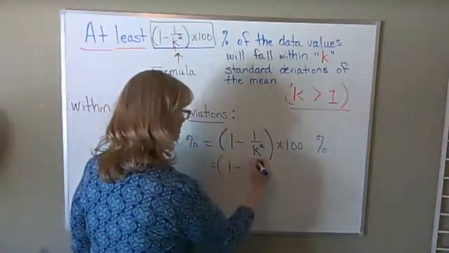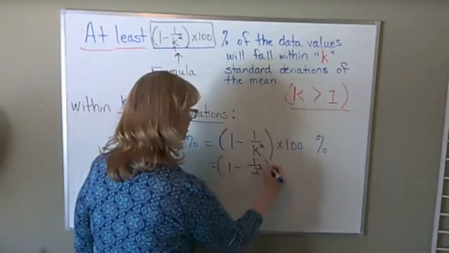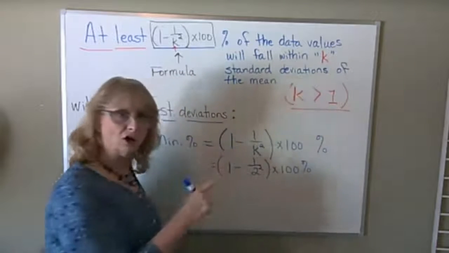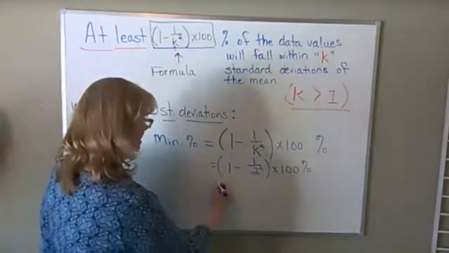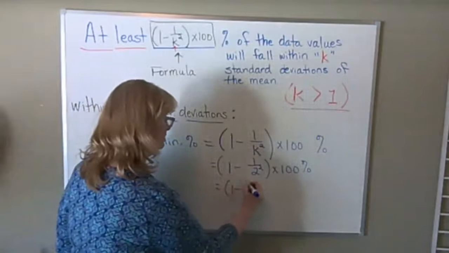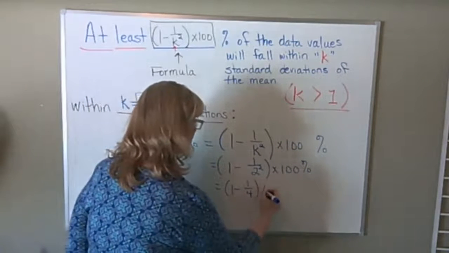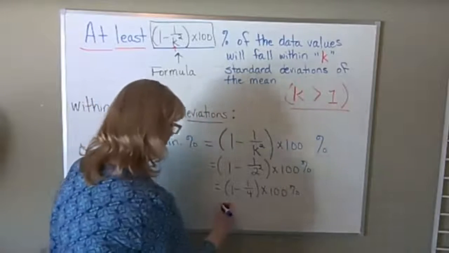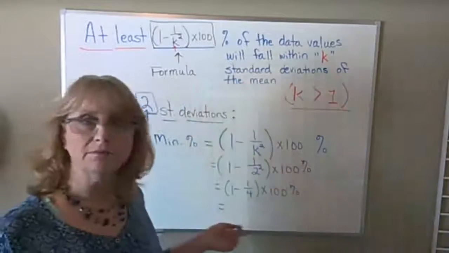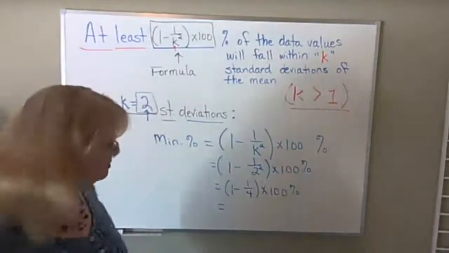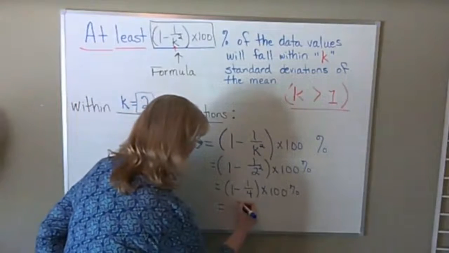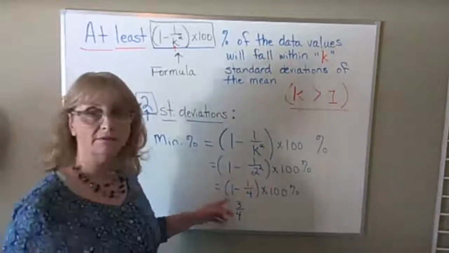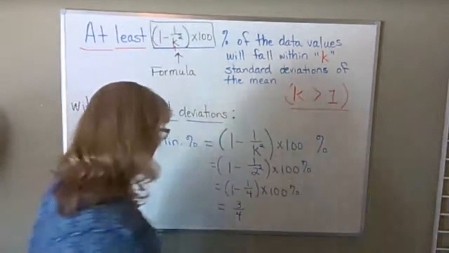So we would have 1 minus 1 over 2 squared times 100. Also, I'm trying to show you how your work should look. And this gives me 1 minus 1/4 times 100. When you do 1 minus 1/4, you're going to get 3/4. You can also do this as a decimal. So you could do 1 minus 0.25.